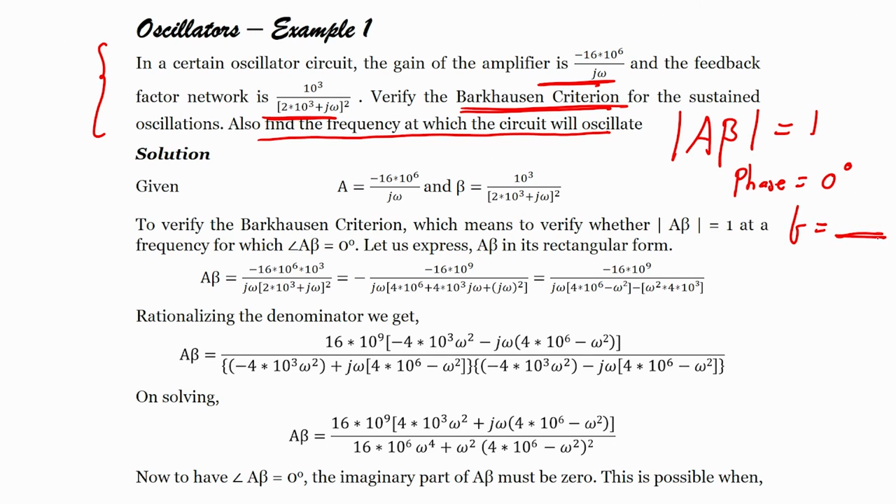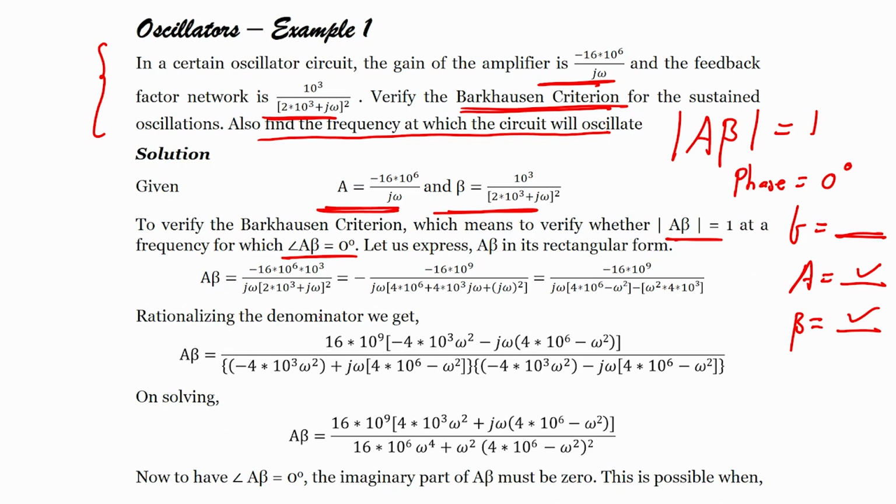This we are asked. What are we given? We are given the gain A and then beta, correct. To verify the Barkhausen criteria, we have to verify A beta equal to 1 at a frequency for which the phase shift is 0 degrees.